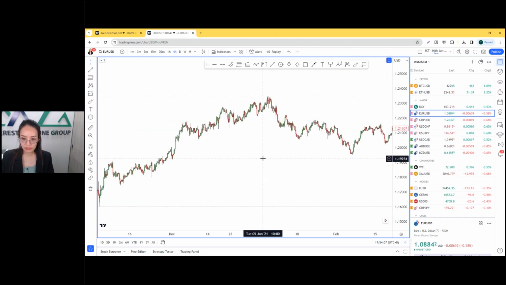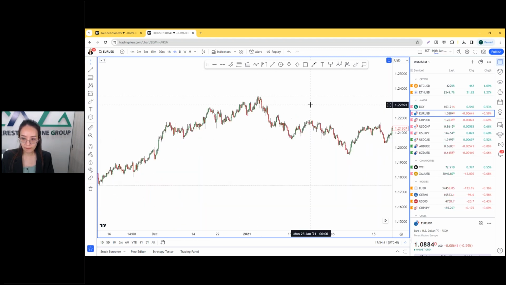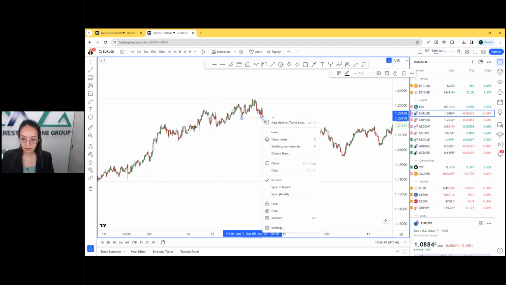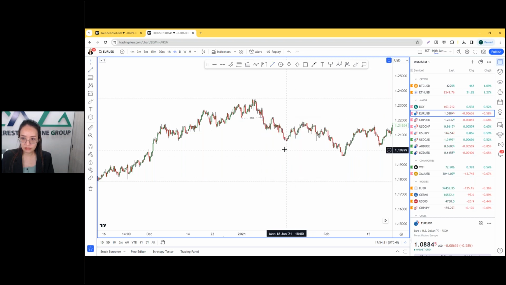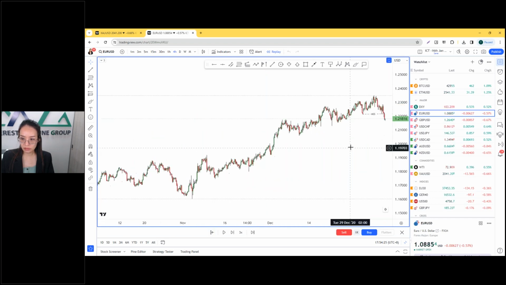Okay, like here, you know the price is on an uptrend. In this one we will mark this first as the market structure shift. Let me see if I can get the entry.